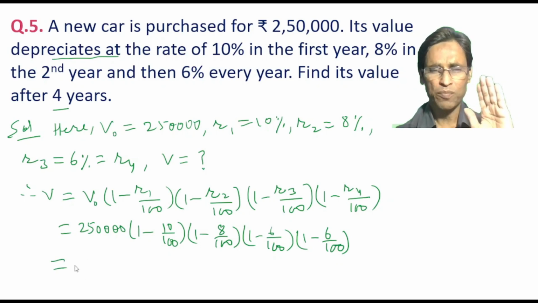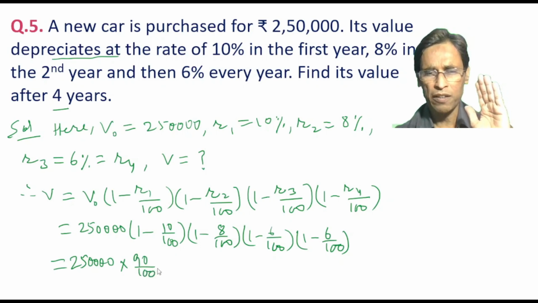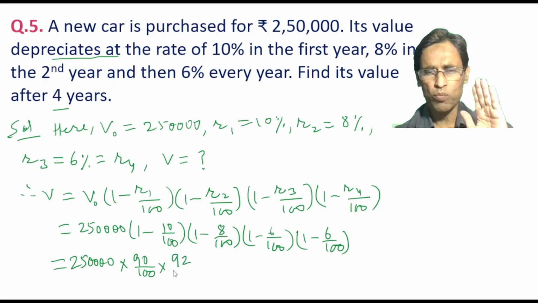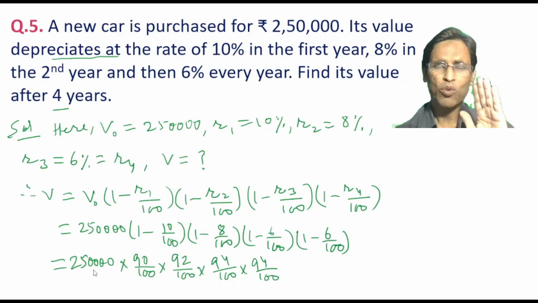In the next step, 2,50,000 into 1 minus 10 by 100 gives 90 by 100. 1 minus 8 by 100 gives 92 by 100. So 90 by 100 into 92 by 100 and into 1 minus 6 by 100 means 94 by 100. Once again 1 minus 6 by 100, therefore 94 by 100, with 2,50,000.